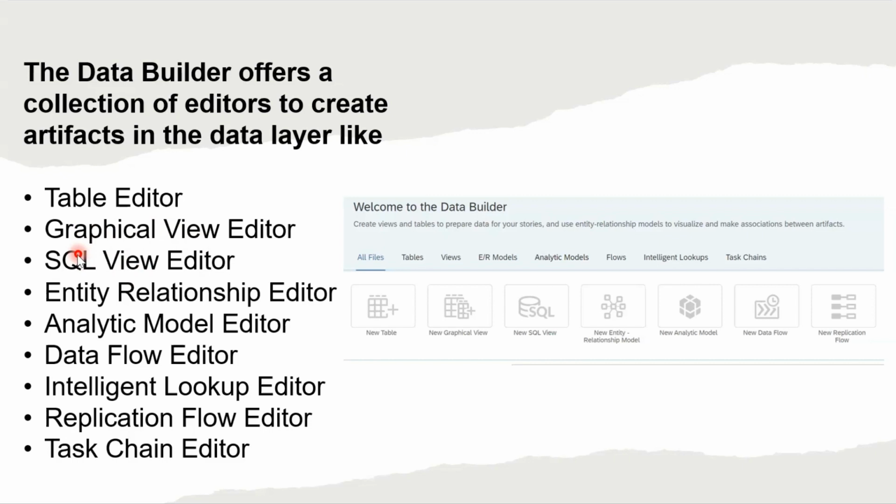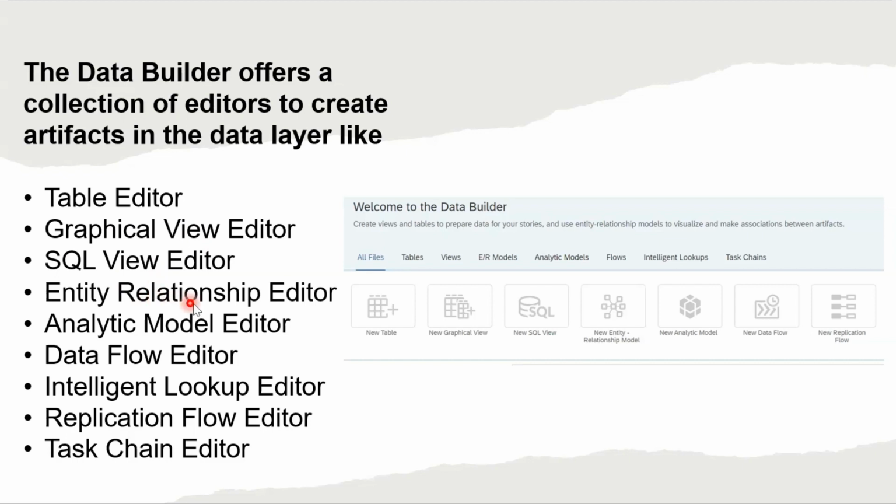So this provides you more flexibility in terms of complexity. If you have a more complex joining condition, then you can use SQL coding. But if it is straightforward, you have the joining conditions, and then you can use the graphical view editor.